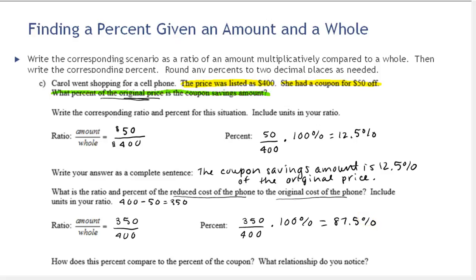So 100% minus the percent of the coupon savings gives us the reduced price of the phone. Okay, so this was original price minus savings equals reduced price.